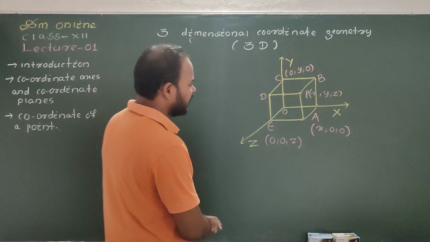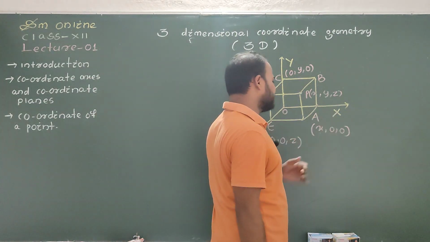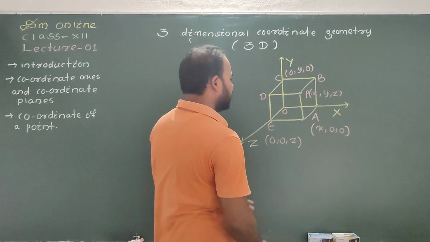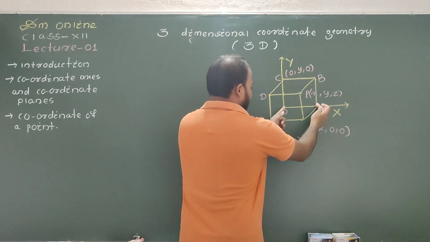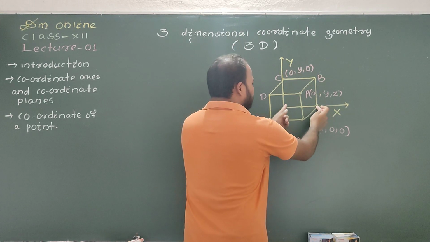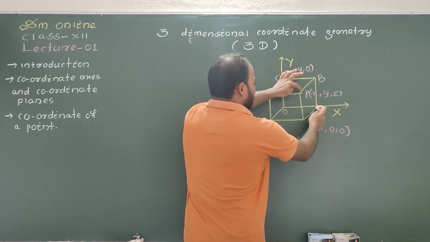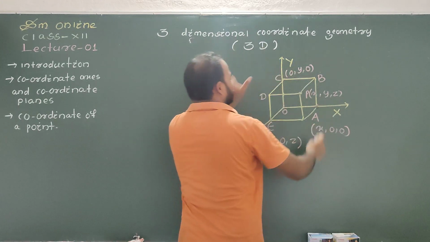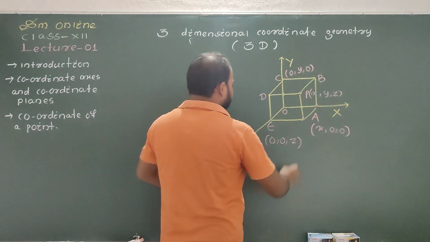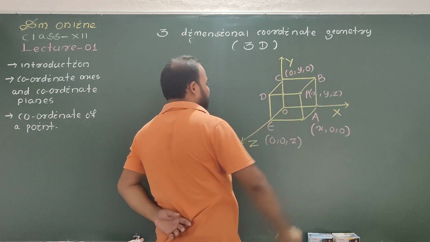Okay, so it is the distance from origin to the feet of the perpendicular drawn from the point P on x axis. Okay, and this distance is known as what?